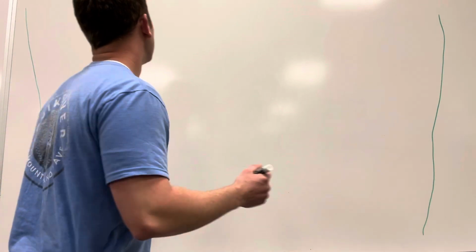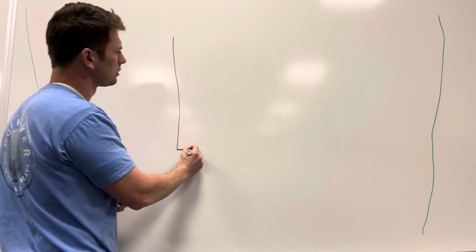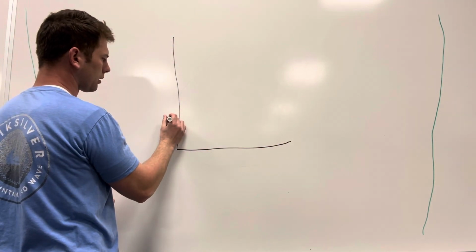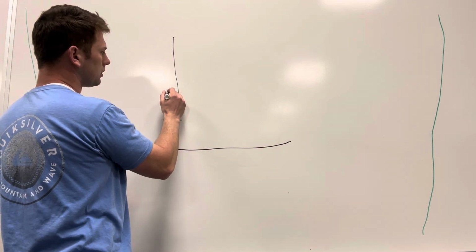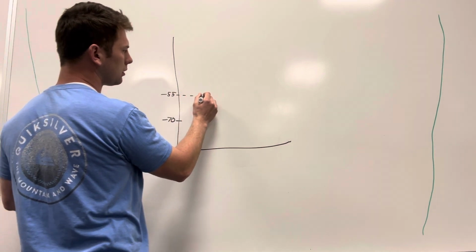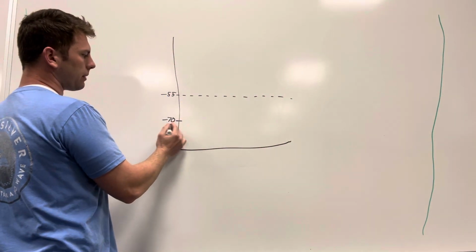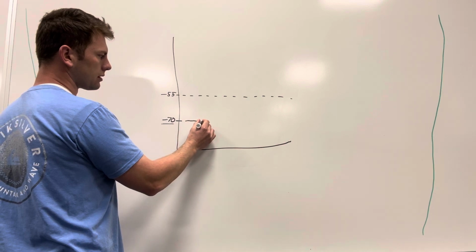Okay, so now talking about action potentials. This is what an action potential looks like. Basically, I'll draw it real quick. And so we have our resting membrane potential at -70. So this is the cell.